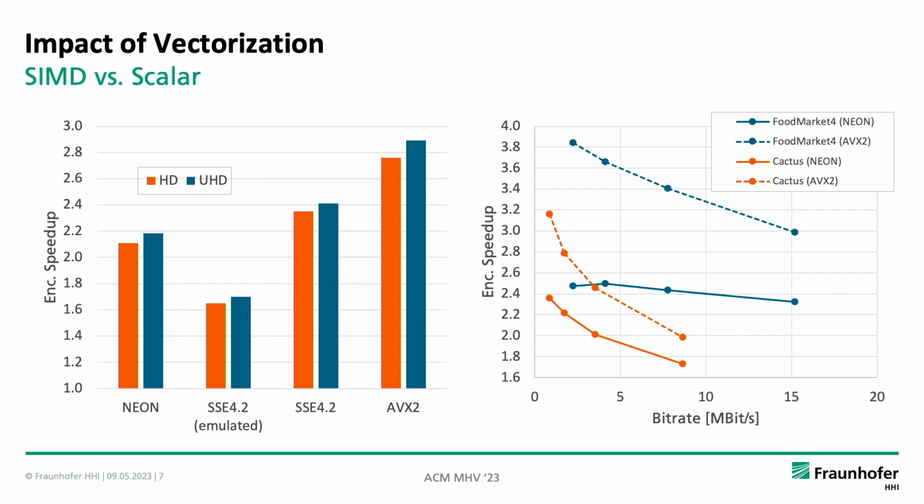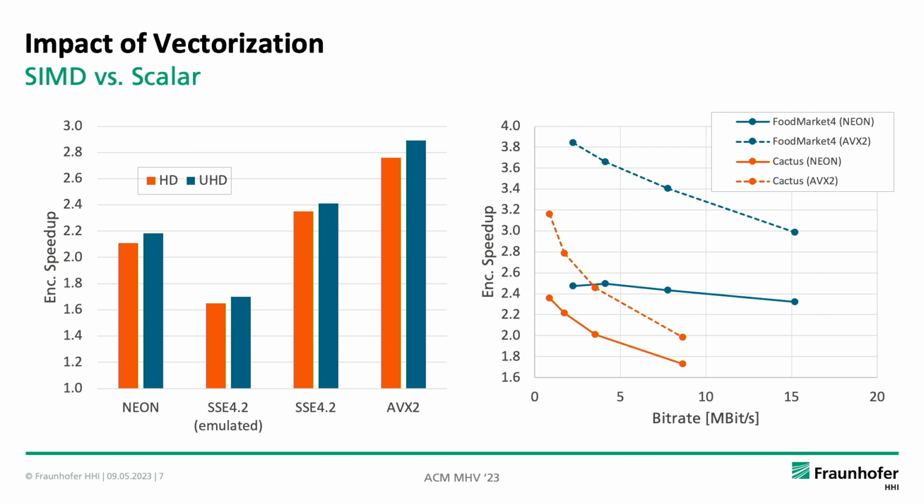This can be explained by the fact that the higher the bit rate gets, the more time you have to spend in quantization and entropy coding, and there's no SIMD optimized code in VVenC for these parts. So the overall impact of SIMD decreases the more the bit rate increases. This is more drastic for the AVX2, so for the x86 case, the dashed line.